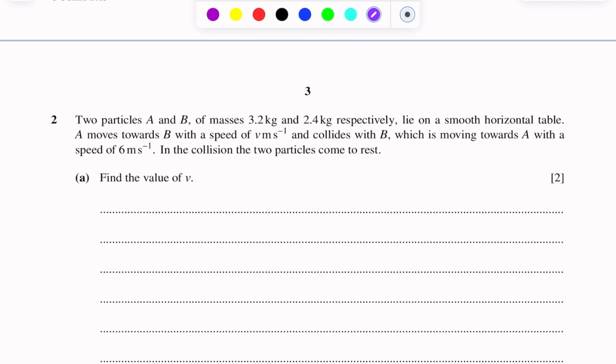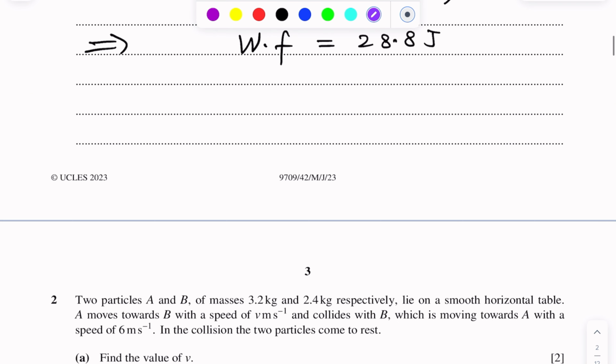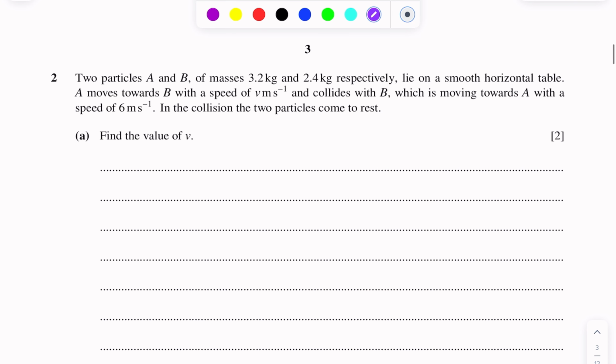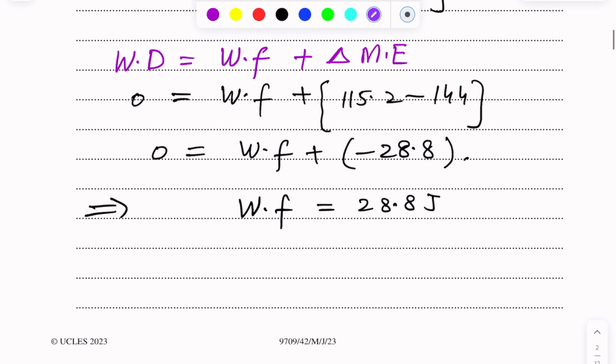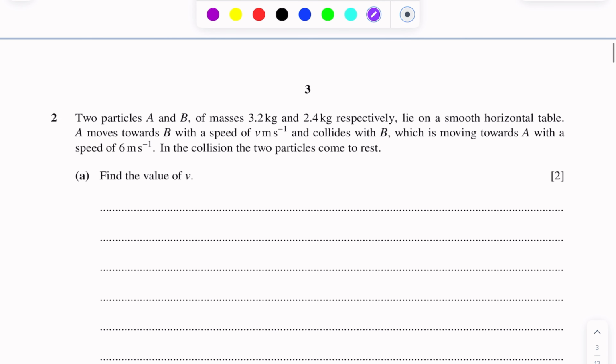So let this be particle A, and this is particle B.